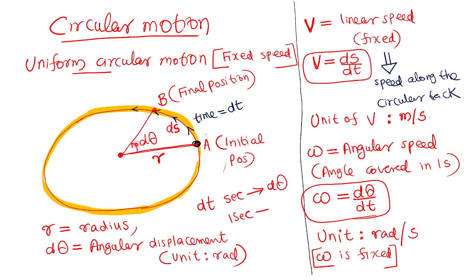In trigonometry, you have already attended that chapter. You studied that for the center angle, the rotation, the center angle equals arc length by radius. Here theta is in radian measure, so d theta equals ds by r.